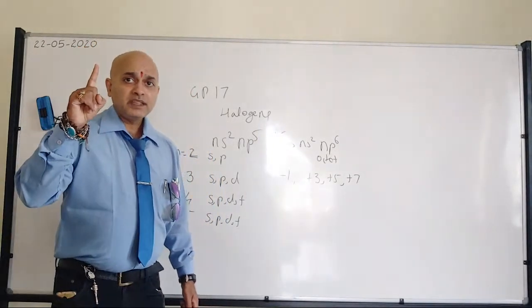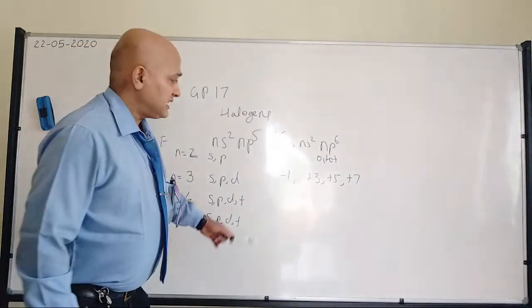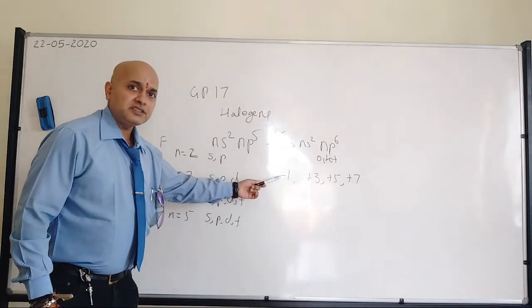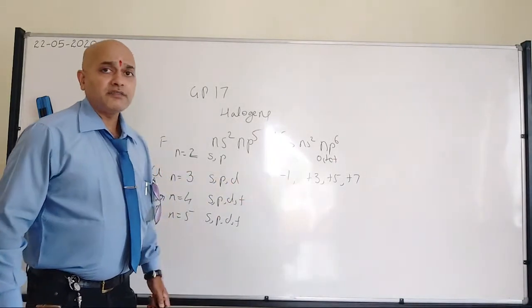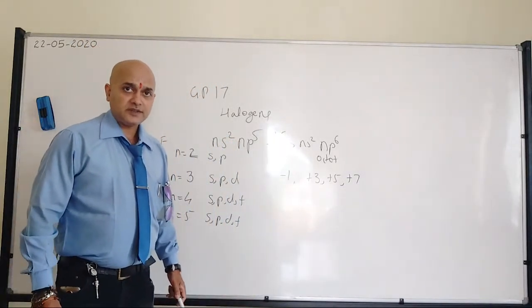But fluorine is the highest electronegative element. So whether oxygen is there or any other halogens are there, it will still always go with the -1 oxidation state.